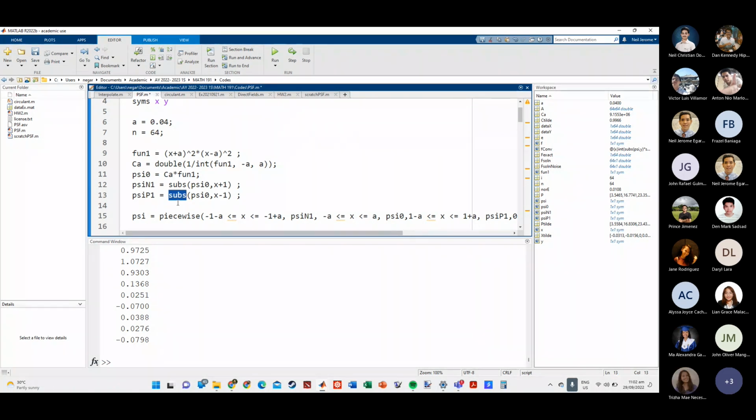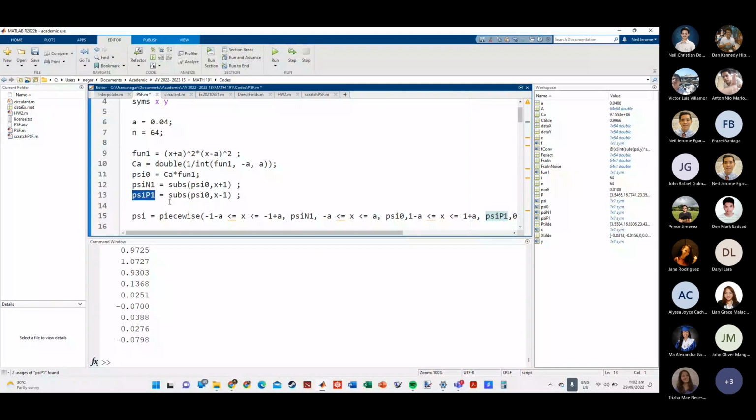Shifted 1 unit to the right. Okay? So, ito si psi sub 0, minove ko lang siya 1 unit to the right. Kaya naman, lahat ng variables kay psi sub 0, papalitan ko ng x minus 1. Tapos yun yung tatawagin kong psi p1, which will be the function value of psi over the interval 1 minus a hanggang 1 plus a.